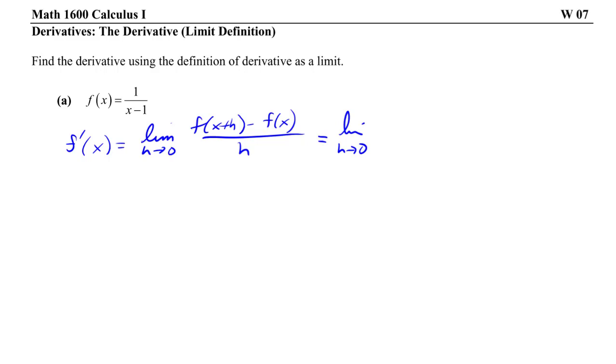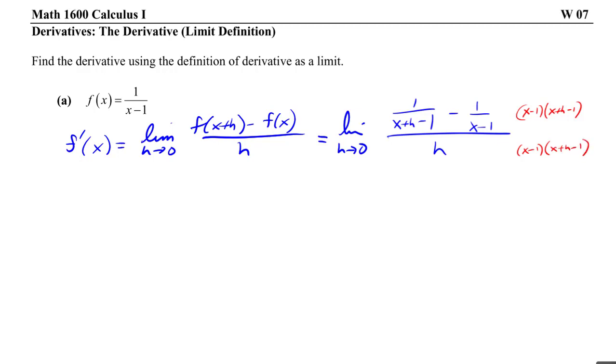So f of x is 1 over x minus 1, so I'll be replacing that x with x plus h, so 1 over x plus h minus 1, minus f of x, which is 1 over x minus 1, all over h. And again, as a little shortcut method to get this resolved out of its 0 over 0 form, I could multiply by x minus 1 times x plus h minus 1 on top and bottom. That'll take care of my denominator issues.